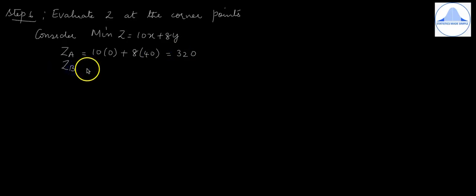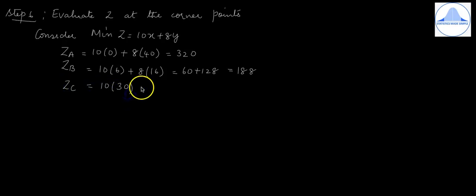Similarly, find out ZB. So ZB is 10 into 6 plus 8 into 16. This is 60 plus 128 is equal to 188. And then ZC, that is 10 into 30 plus 8 into 0 is equal to 300.